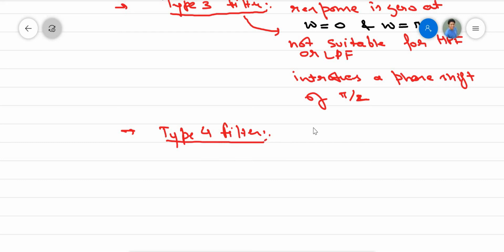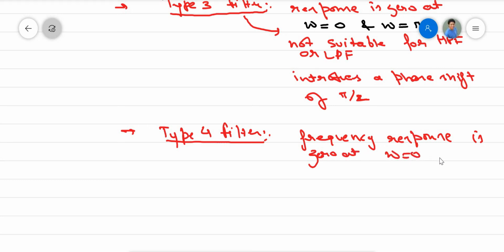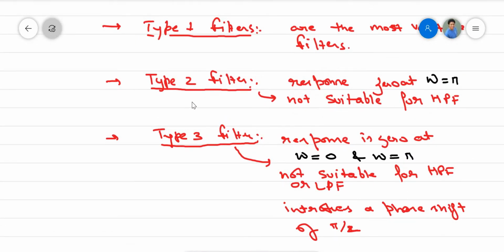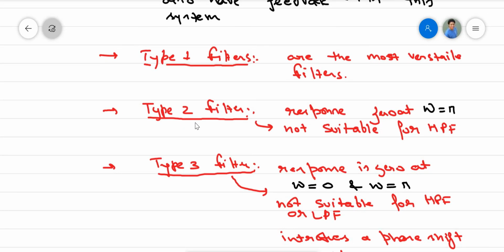Type 4 filter frequency response is 0 at omega equal to 0 and thus not suitable for LPF. Now one can clearly see type 4 filter is not suitable for LPF, type 3 is not suitable for LPF, type 2 and type 1 are suitable for LPF.